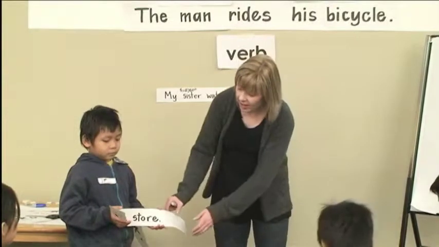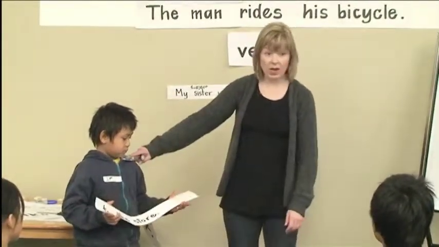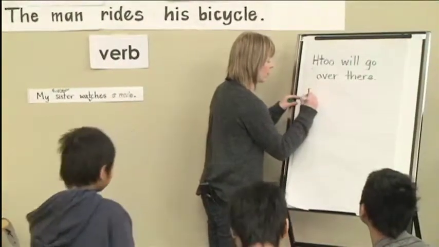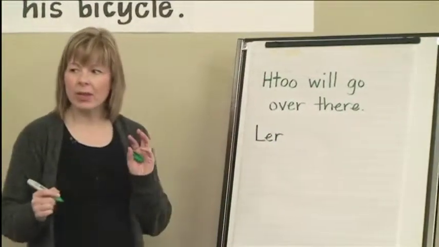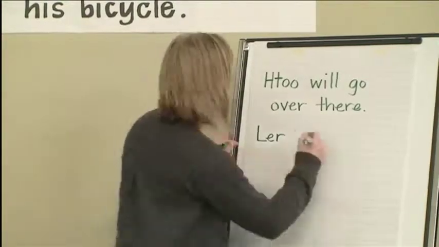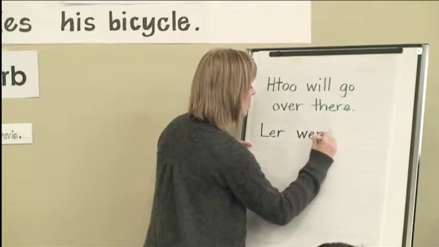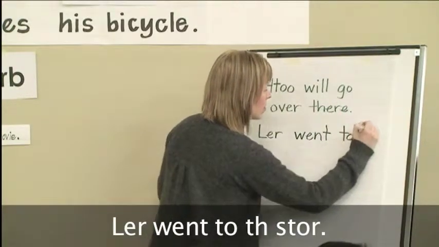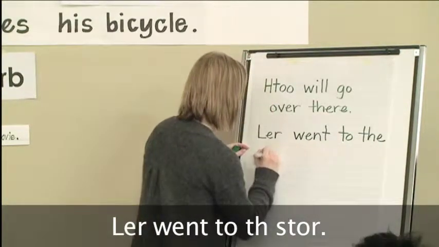So he's got part of a sentence. We need to make him the star or the subject of the sentence. Lur. What was our verb? Went. Thank you. Went to the store.